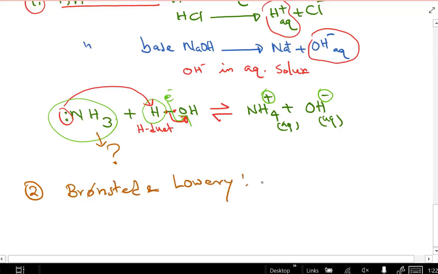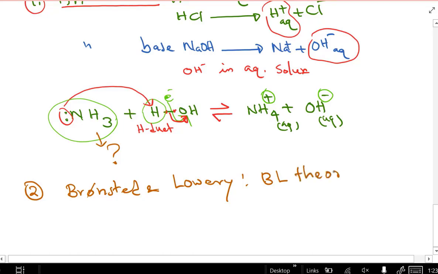Let's look at how we explain, using BL theory, this ammonia and water reaction giving you ammonium ions and hydroxide ions, right? So that can be explained.